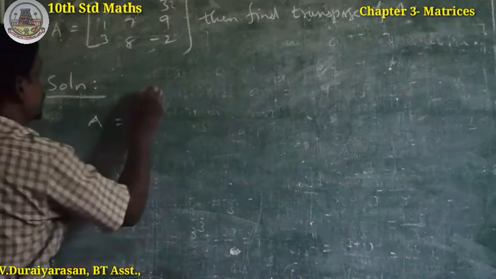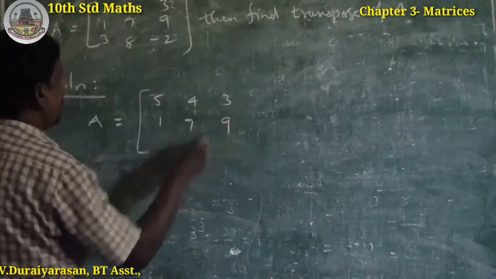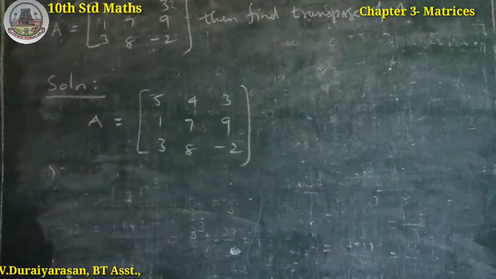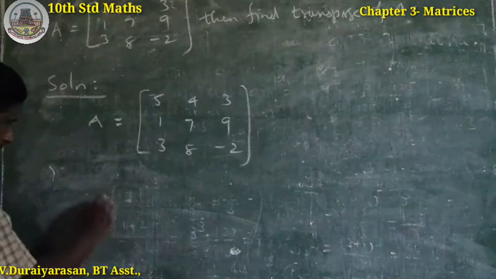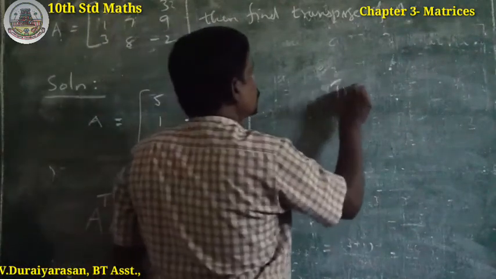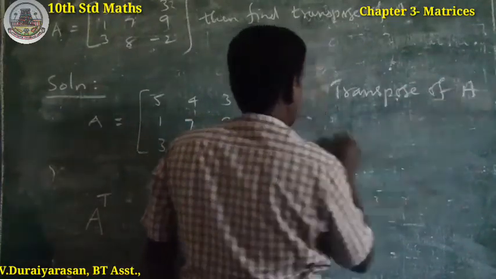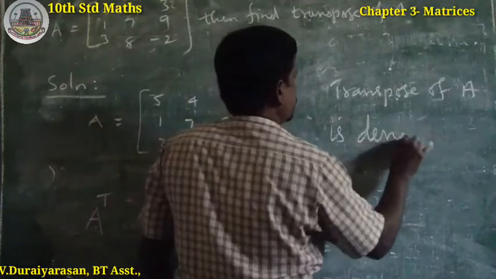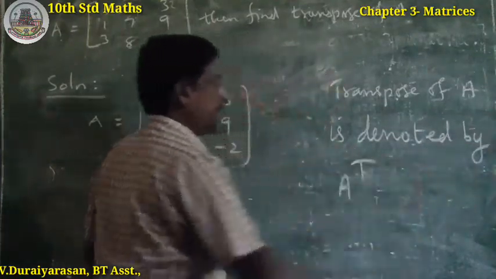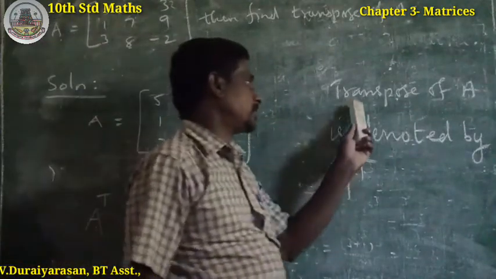The matrix A is given. Transpose of A is denoted by A power T.